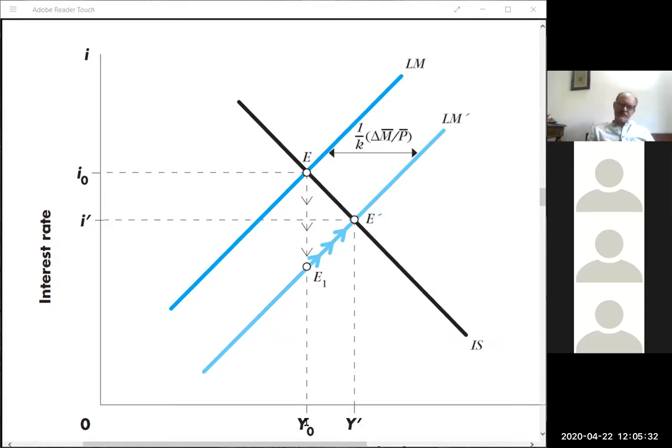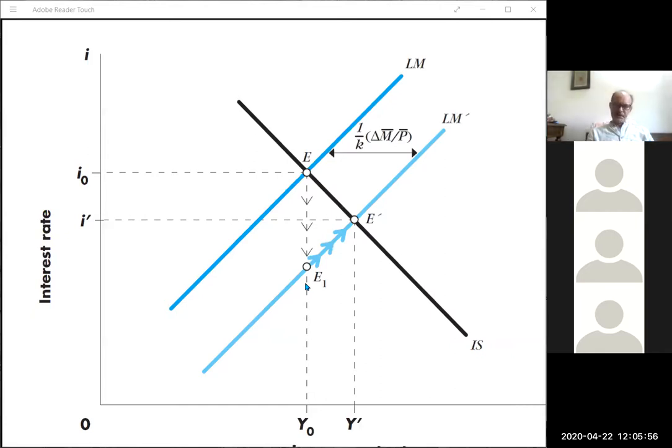Now, when this is the rate of interest at Y naught, it is the I naught which makes the aggregate demand equal to Y. But at E1, the investment is higher because the rate of interest is lower, which means that the aggregate demand is higher. And aggregate demand being higher than the output means that the output is going to increase. So that is why the output is increasing.